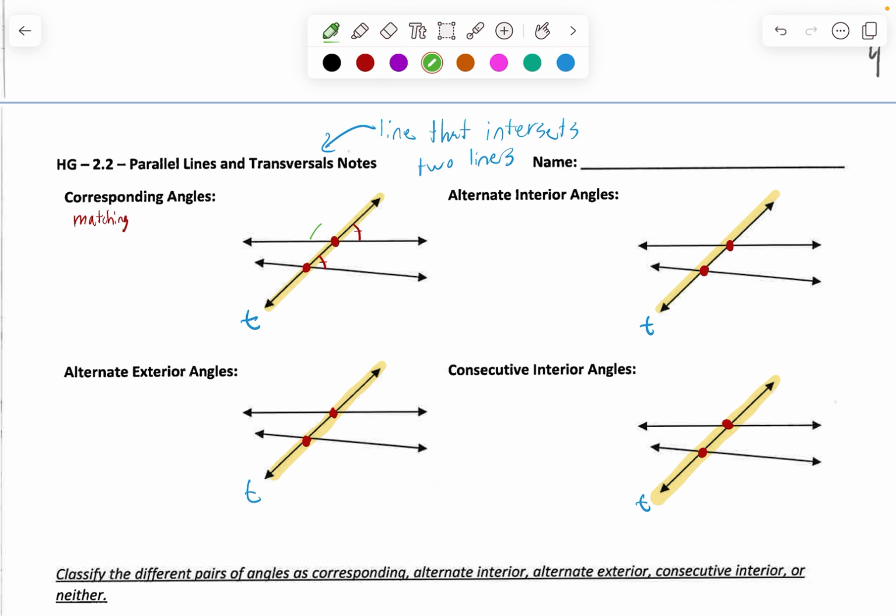You could have these corresponding angles in the top left corner. I'm just putting different colors and markers so that you can distinguish between these things. You can have it in the bottom right, you can have it in the bottom left, but if you just have all four, that's kind of hard to see what you're doing.